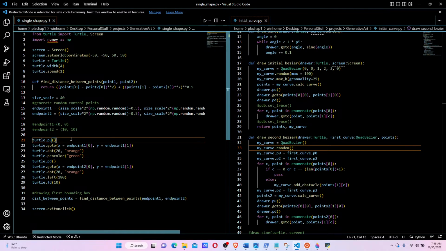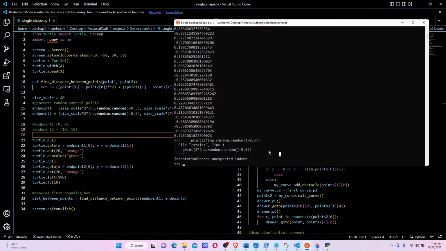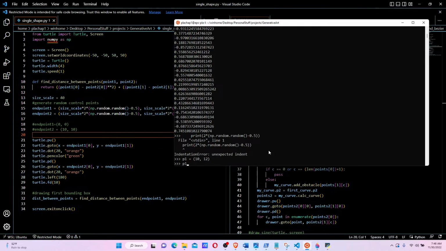What we want to do is make point 1 0 0. So if you turn point 1 into 0 0, let's see, P1 is equal to P1 of 1 minus P1 of 1.